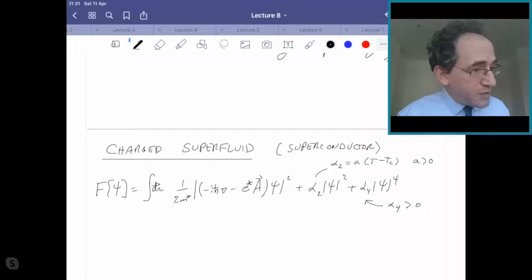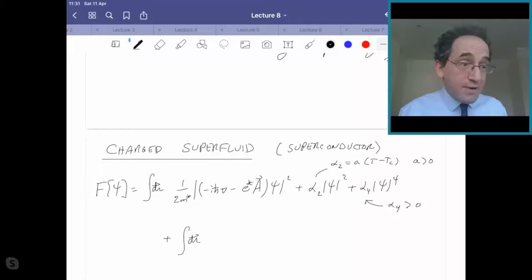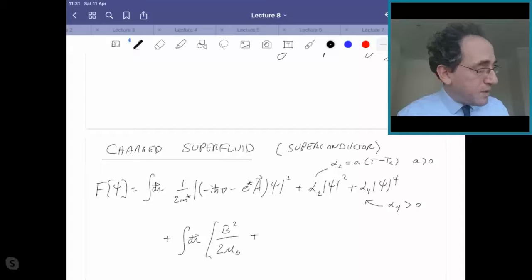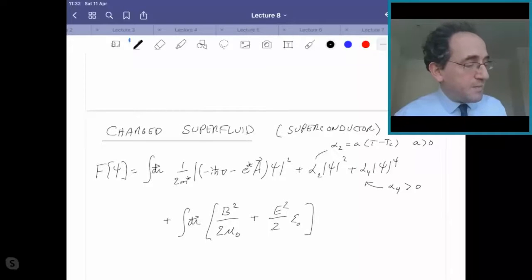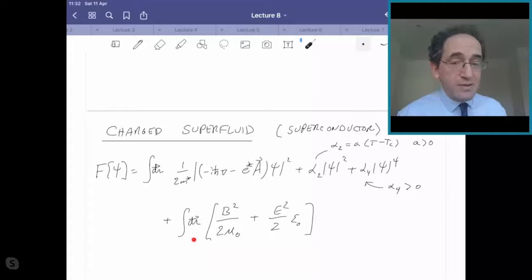But to be careful, we should also have the free energy of the electromagnetic field as well. We know how to write the energy of the electromagnetic field. It's going to be b squared over 2 mu naught and e squared over 2 epsilon naught in SI units. And one should be a little more careful: this integral is only over the superconducting sample, whereas this integral is over all of space.